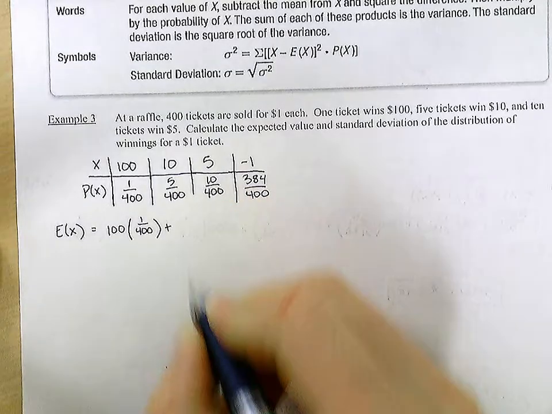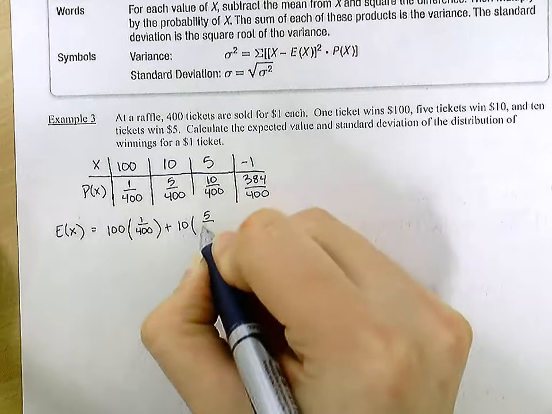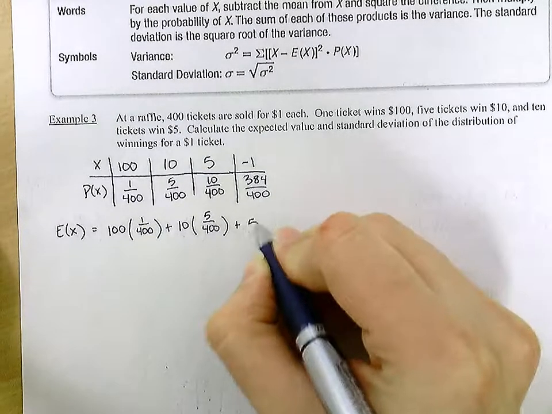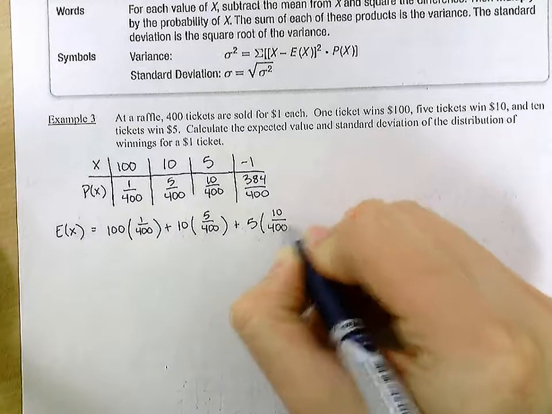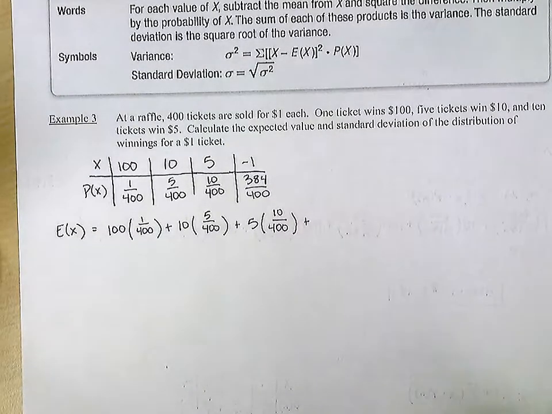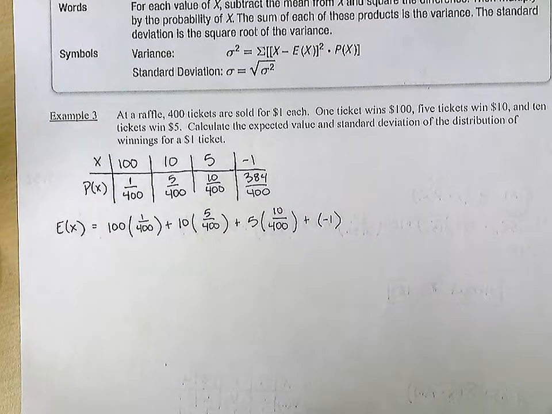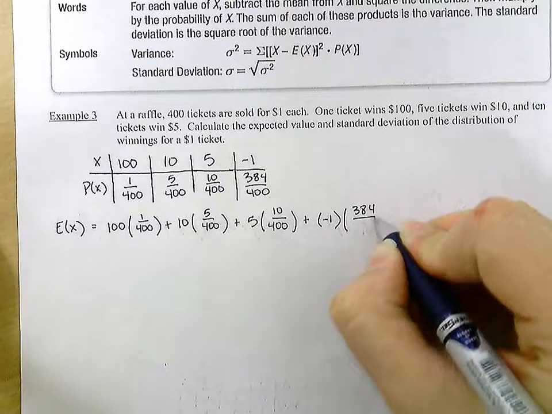So plus our x value of 10 times its probability, 5 over 400, plus 5 times that probability of 10 over 400. Okay, then plus this negative 1. Yes, it has to be a negative 1 because you're losing that $1. Times 384 over 400.